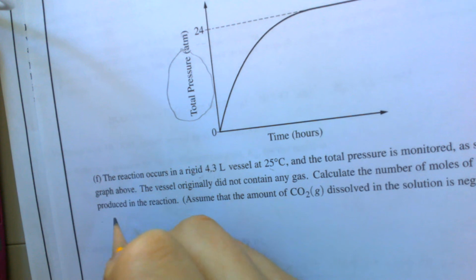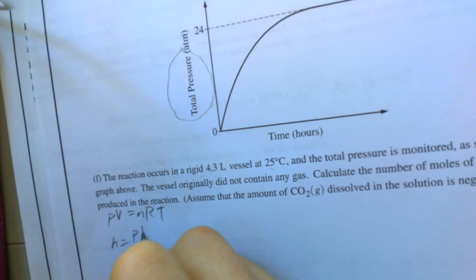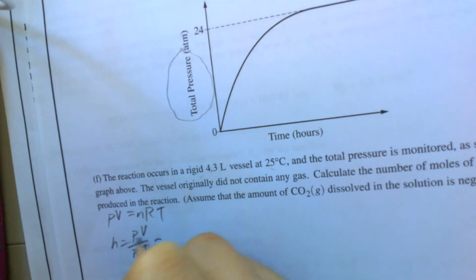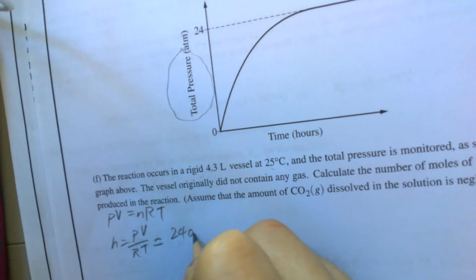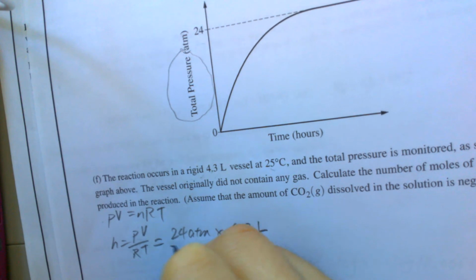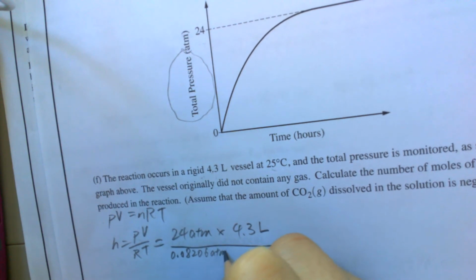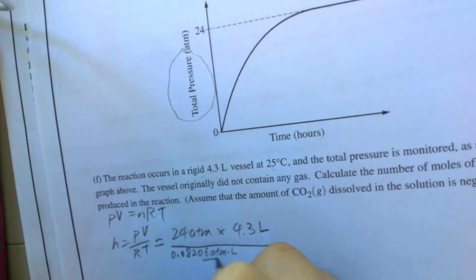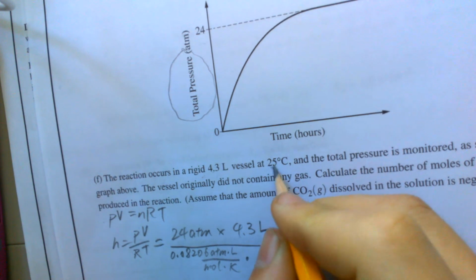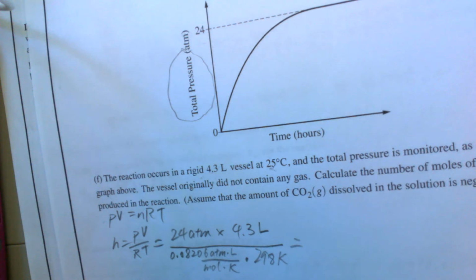So let's see, we have PV equal to nRT. So n is equal to PV over RT, which means P is 24 ATM. V is equal to 4.3 liters, and R is, in this case, 0.08206 ATM liter per mole Kelvin, times 25 degrees Celsius, which is 298 Kelvin.